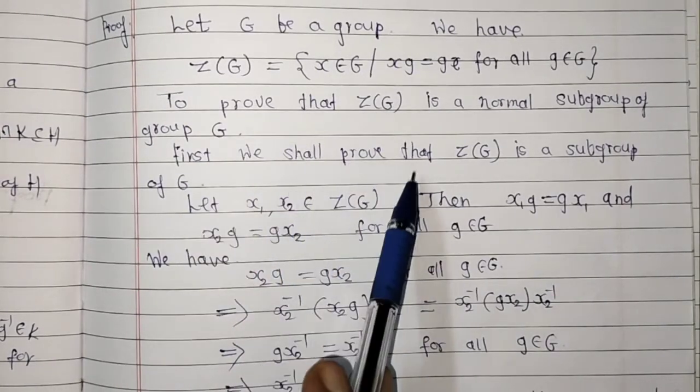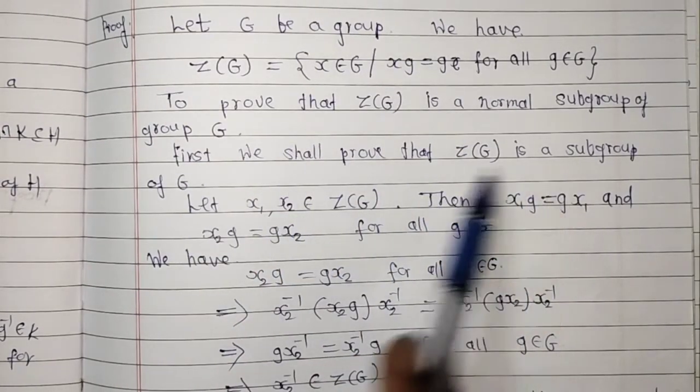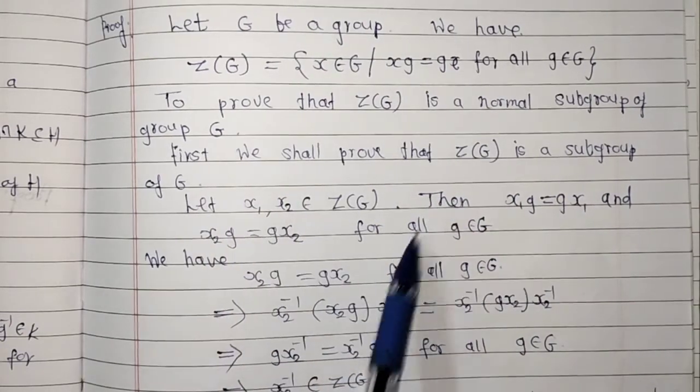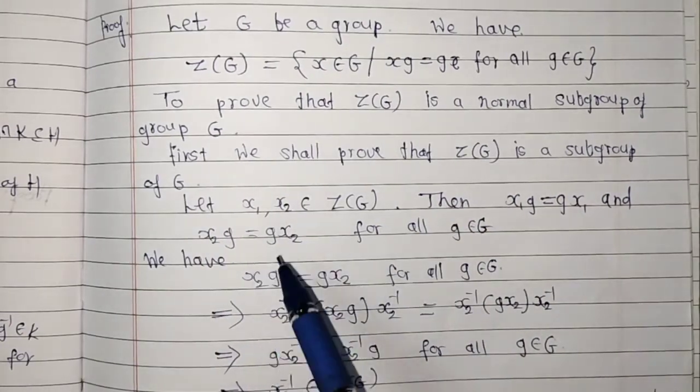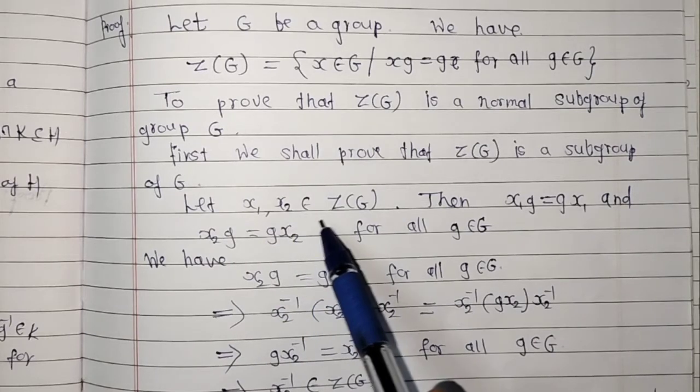First we prove that ZG is a subgroup of group G. Let x1, x2 belongs to ZG.